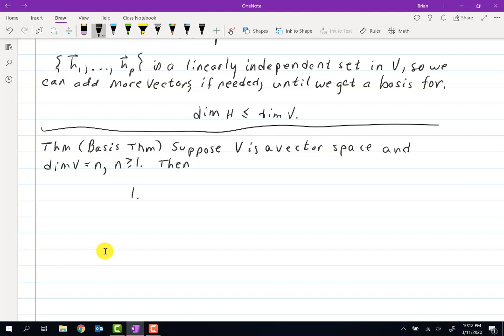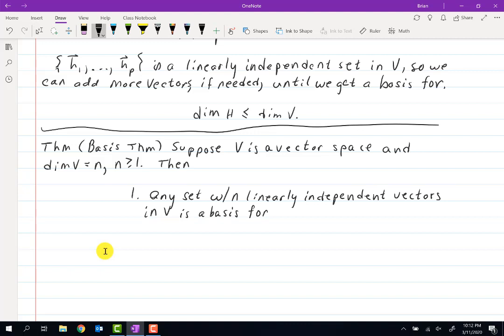One, any set with n linearly independent vectors in V is a basis for V. Two, any set of n vectors in V that span V is a basis for V.